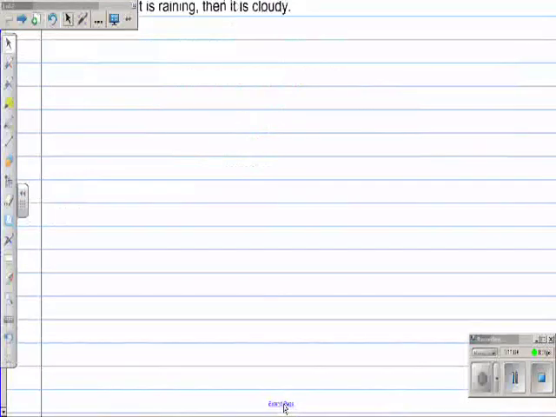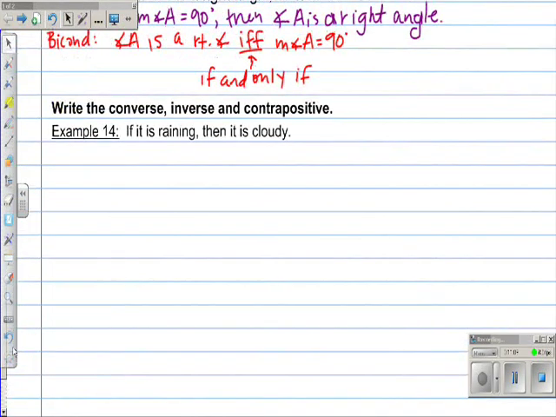Let's try another example. This time, we want to look at the converse, inverse, and contrapositive. Well, we haven't talked about contrapositive yet, but first let's go ahead and write the converse. So if it's raining, that's going to be your hypothesis. Then it's cloudy, that's your conclusion. So this right here is an example of the conditional.